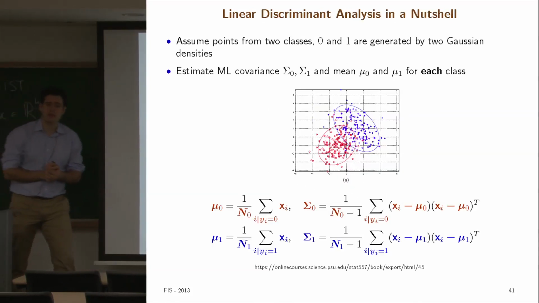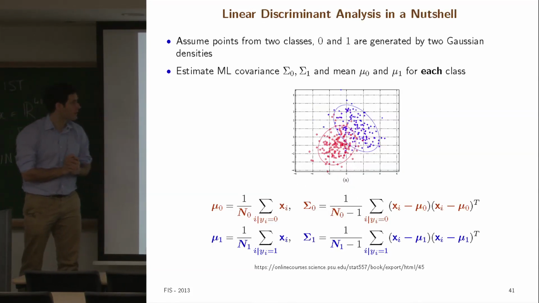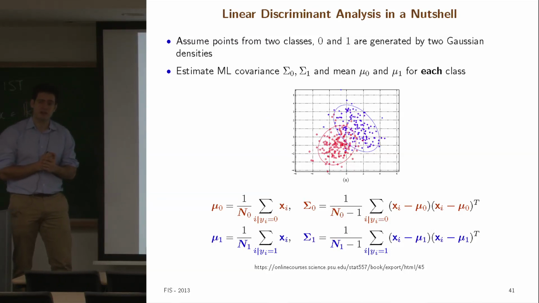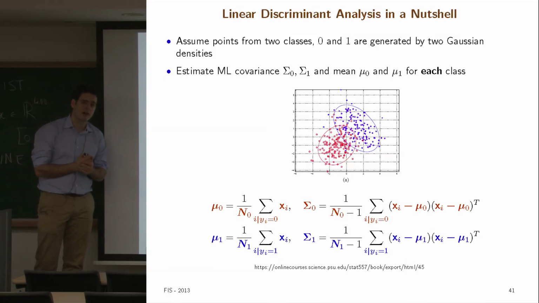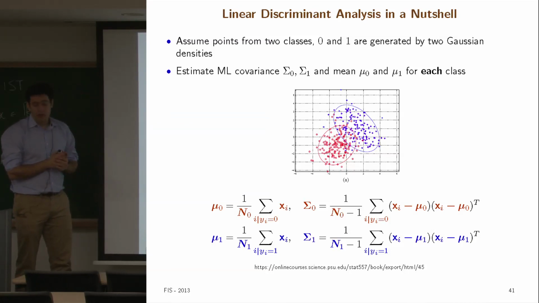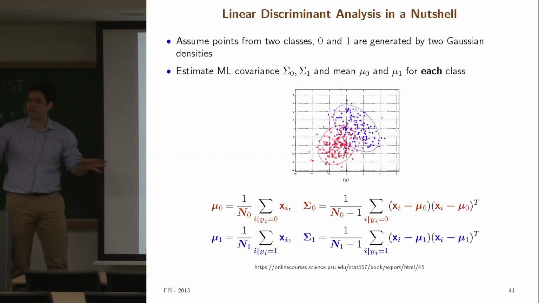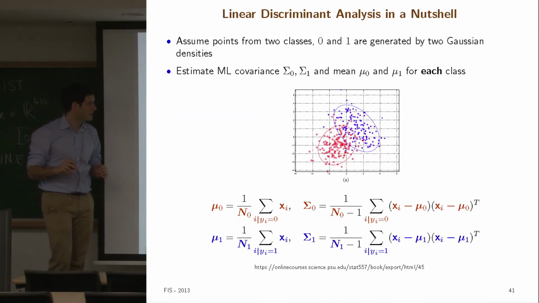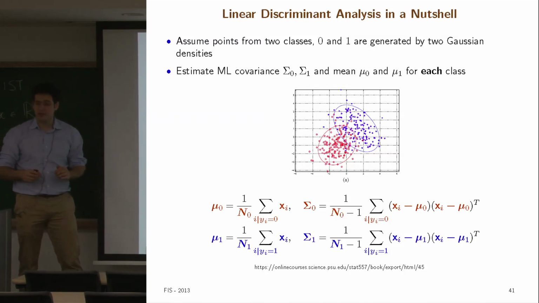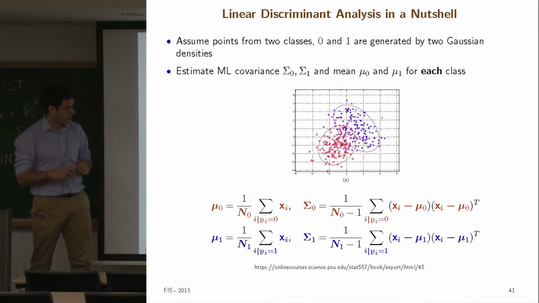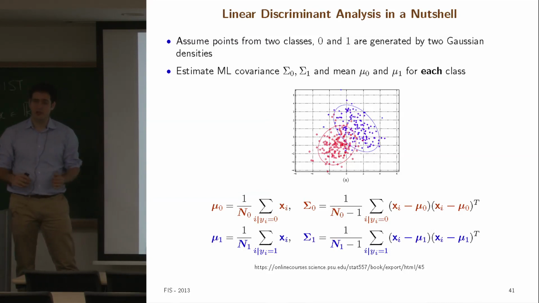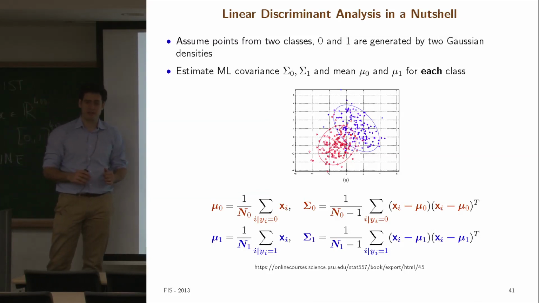So why is it useful in the context of classification? Because linear discriminant analysis uses the multivariate Gaussian density to form an answer. What LDA assumes is that the points, here just two classes, 0 and 1, are generated by two different multivariate Gaussian densities. So how does LDA proceed? It says, I have red points and blue points, and I assume they were drawn from a multivariate Gaussian density.